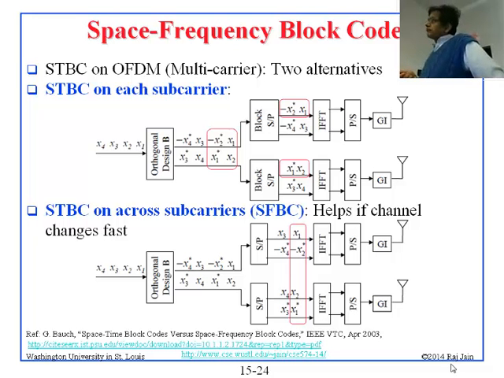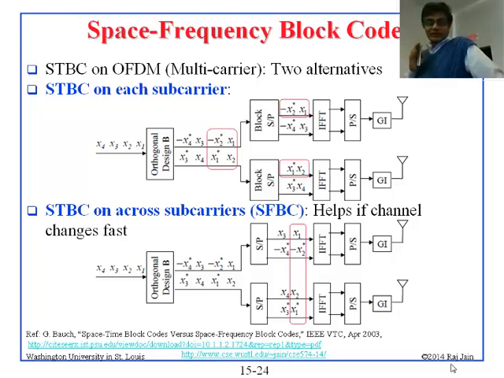And the exact diagram for this would be that you bring all these 4 as before, but put X1 here, X2 star on the second carrier, X2 here, and X1 star on the second carrier. So basically, now instead of being horizontal on the same one carrier, these are on 2 carriers.